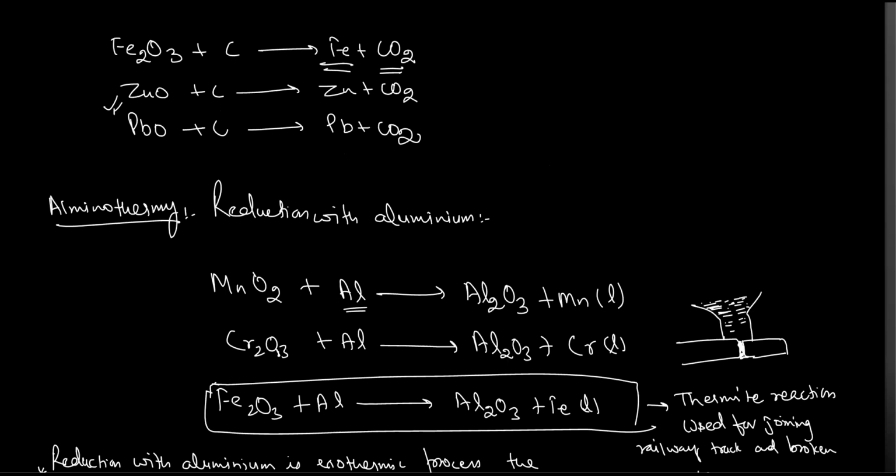So let's move further. So these are the Fe2O3 reactions that we have studied. If we have zinc oxide, then it can be converted into zinc and carbon dioxide. Now, the metals that are above the mid-reactive metals, for example manganese and chromium.